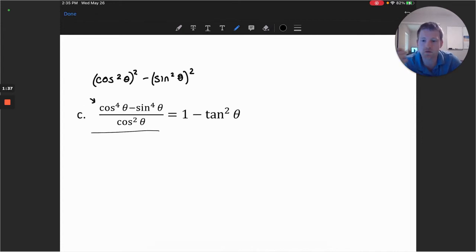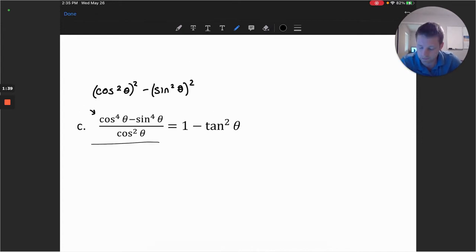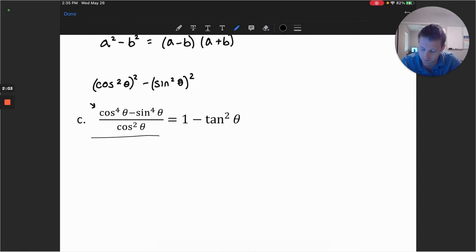If we recall how difference of squares works, if we had any value a squared minus b squared, we know that these are going to factor as a pair of a minus b and a plus b. So we can do the same algebra here, just replacing that a and b with a cosine squared and a sine squared. Let's rewrite this left side to start.